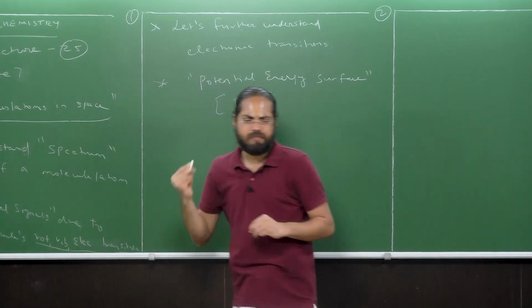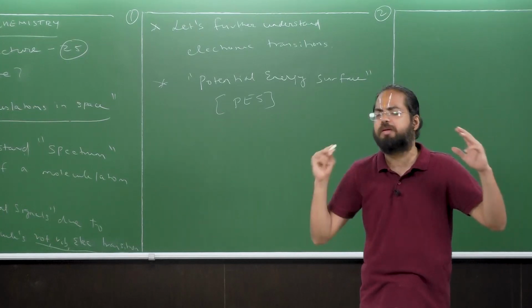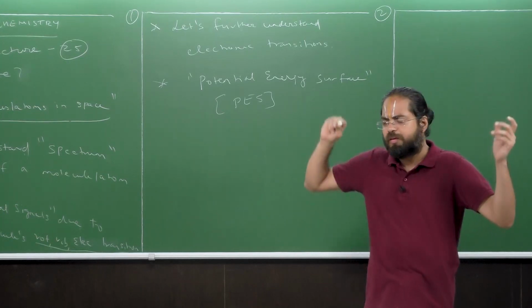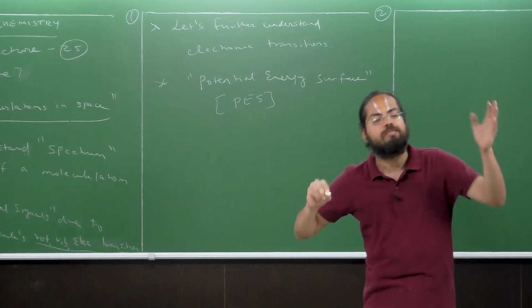Now, it's actually a complex plot. It's a complex n-dimensional plot as such, but for the purpose of astrochemistry, it suffices that we understand a simplified version of it.